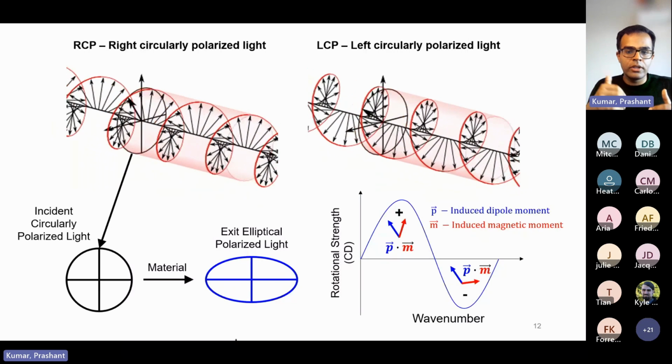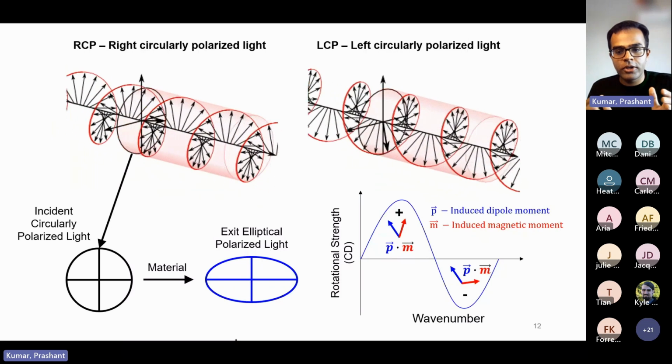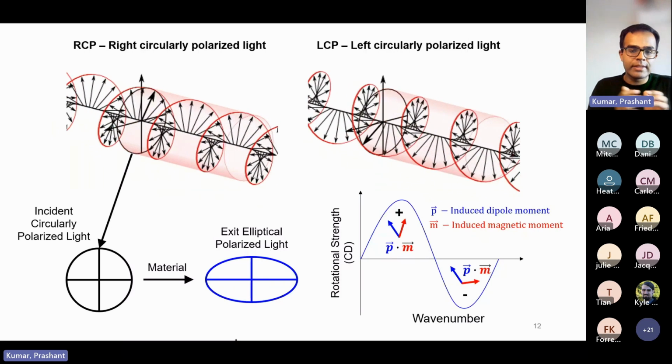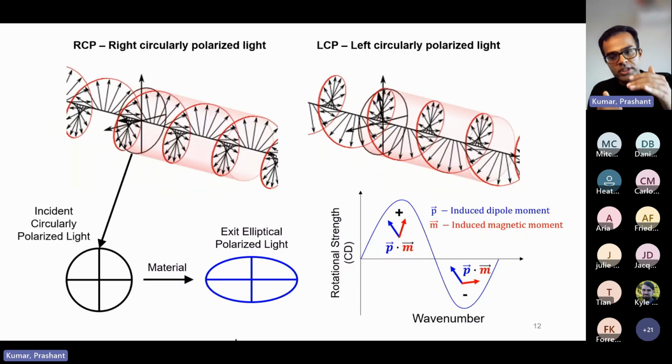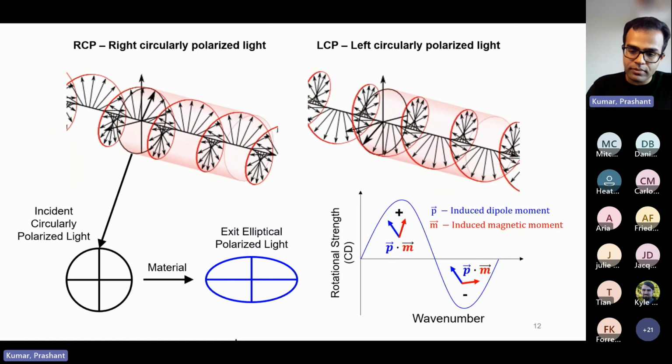When you see a CD signal, you see positive or negative bands, which correspond to the dot product of P dot M, where if the angle is less than 90 degrees, you have a positive sign. If it's more than 90 degrees, you have a negative CD band.